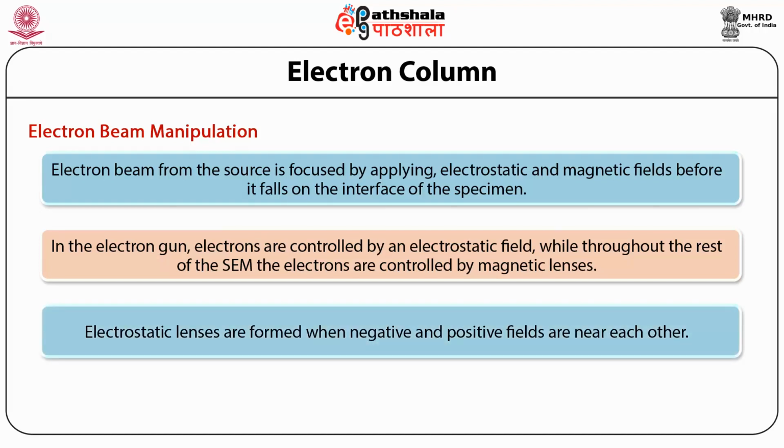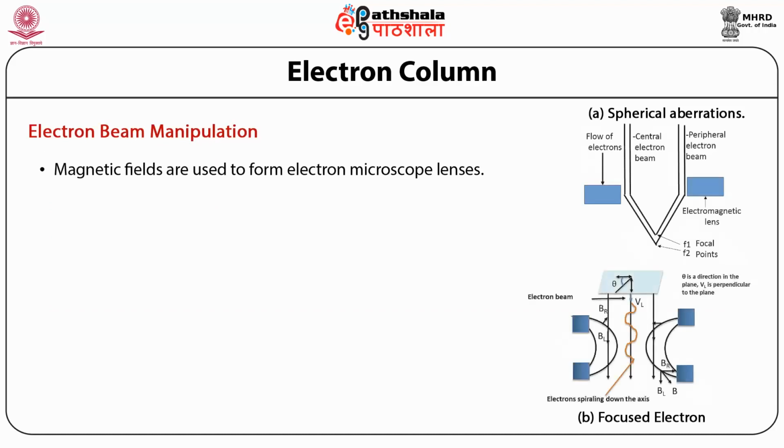Electrostatic lenses are formed when negative and positive fields are near each other. This is the situation between the gun and the anode. Magnetic fields are used to form electron microscope lenses. These lenses are known as electromagnetic lenses.